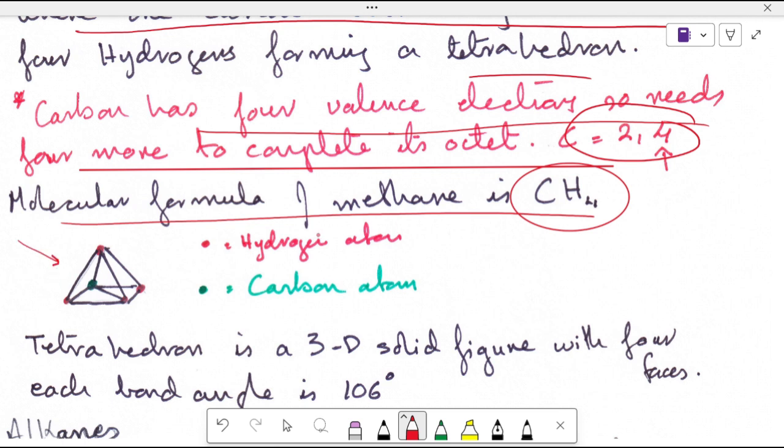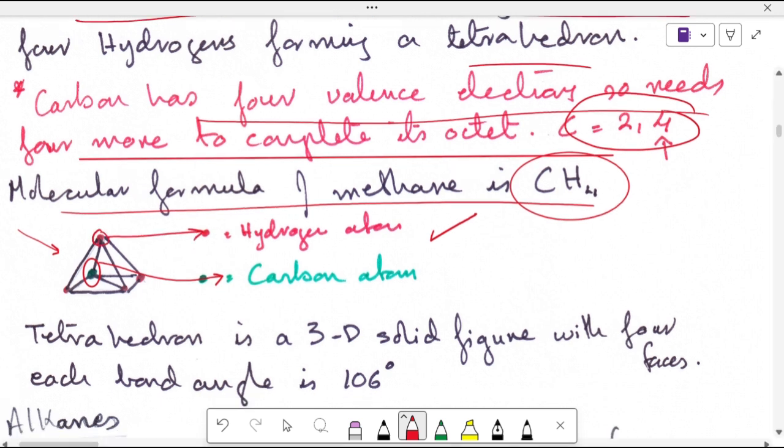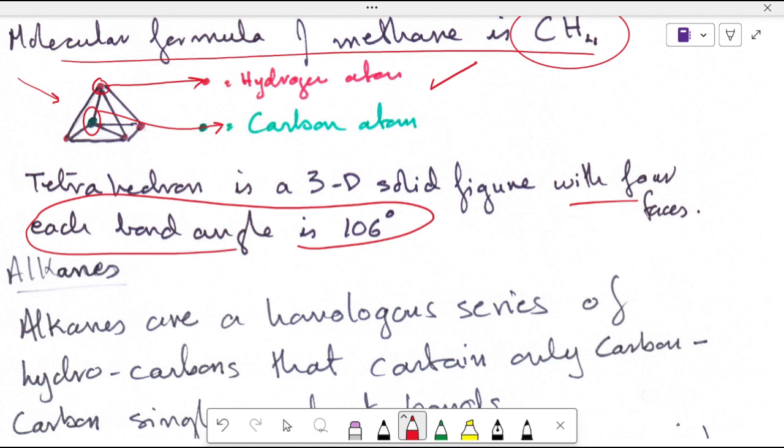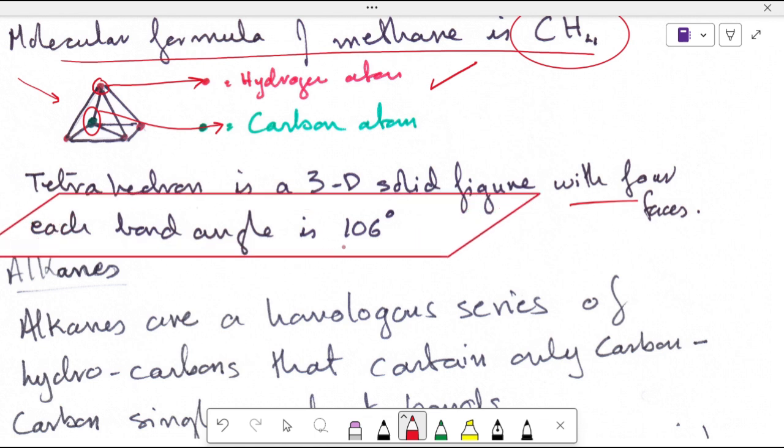The red dots show hydrogen atoms, and in the center of these hydrogen atoms we have a carbon atom with a green dot. A tetrahedron is a 3D solid figure with 4 faces. Each bond angle is 106 degrees. You need not remember the bond angle, but you should know that when carbon is forming 4 single bonds, it forms a tetrahedron.